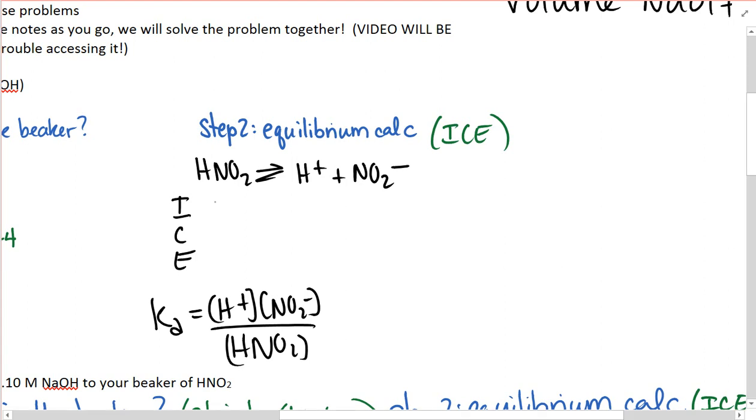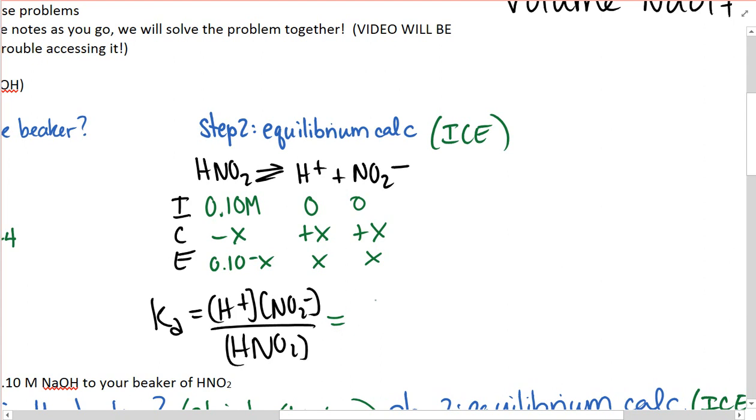So I know that I start out with 0.1 molar of my acid. I have none of the ions in my beaker to begin with. I'm going to use up some of my acid and turn it into ions. My K value is pretty small, 10 to the negative 4, so X is going to be pretty small.